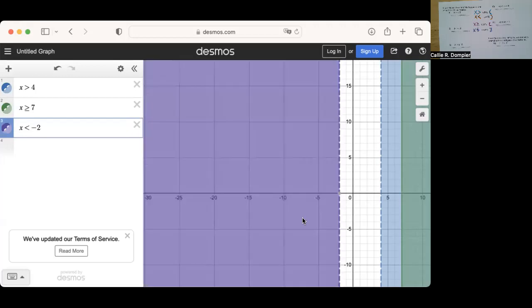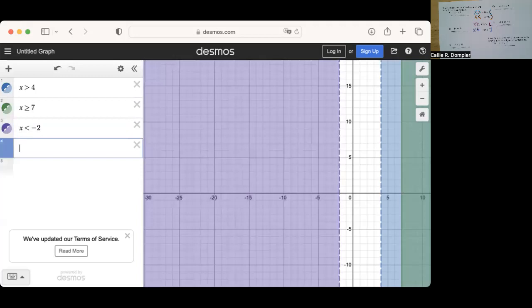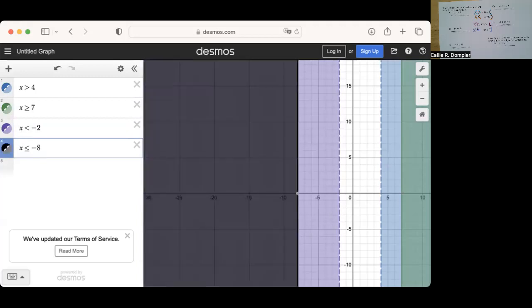Because it's less than, it uses a dotted line, and that's a parenthesis, okay? And then x is less than or equal to -8. So because of the equal to, it's a solid line. So the equal to means including, okay? It includes -8, but x is only less than -2 means it doesn't include -2. x is greater than or equal to 7 means it does include the 7, so it's a solid line. x is greater than 4 does not include 4, so it's a dashed line.